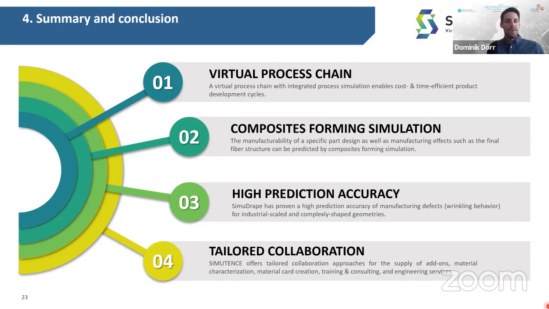We also saw that composites forming simulation has a high prediction accuracy regarding manufacturing defects, in particular wrinkling behavior. And we also saw that Abaqus is highly capable to conduct these simulations, but only in combination with user subroutines, because there are some restrictions based on the built-in techniques.